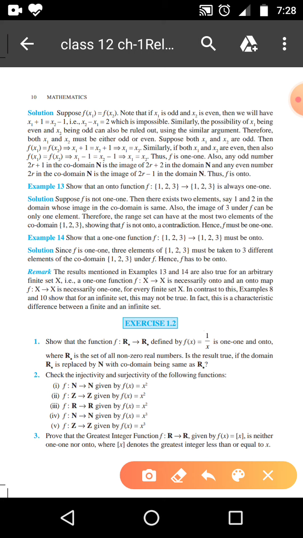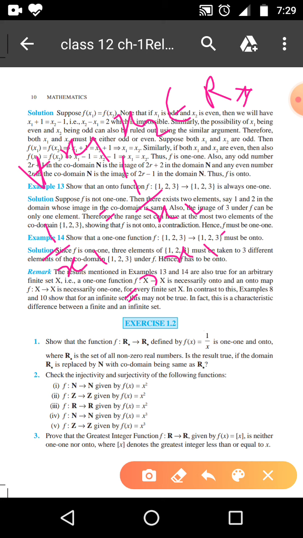Why? Because R star is a set of non-zero real numbers. That's why for each x1, x2 belongs to R star, if 1 upon x1 is equal to 1 upon x2, this implies x1 is equal to x2, and it is one-one.